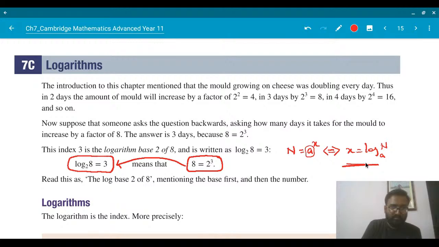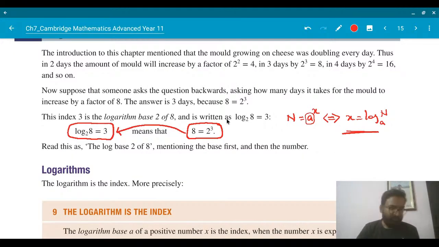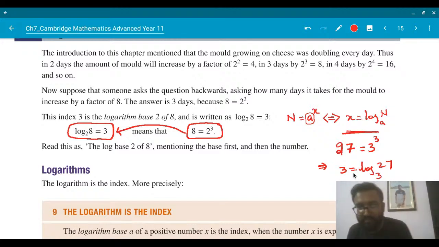For example, 8 is equal to 2 cube. Okay. So I am taking 27. How can we write 27? 3 power 3. And you can write it as 3 is equal to log 27 base 3.